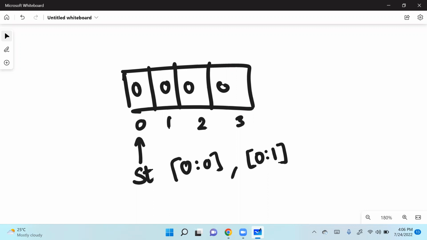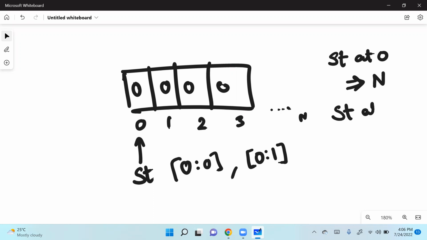So can I say if the array was of size n, we can generalize: starting at index 0, there will be n subarrays. If I ask you next, starting at index 1, how many subarrays will you find? If you start at index 1, you will find n minus 1 subarrays. Here you can see this is 1, this is 2, and this is 3.